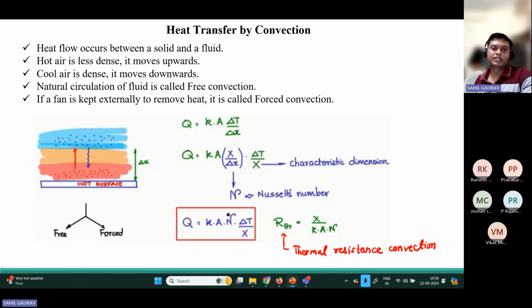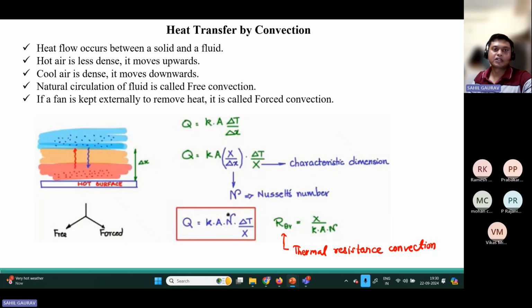Now coming to the next part, heat transfer by convection. As we all know, for convection, heat flow occurs between a solid and a fluid. So we have this surface, and here we have the medium, either a fluid, that is air or liquid. Hot air is less dense, so it moves upwards, and cool air is dense, so it moves downwards.